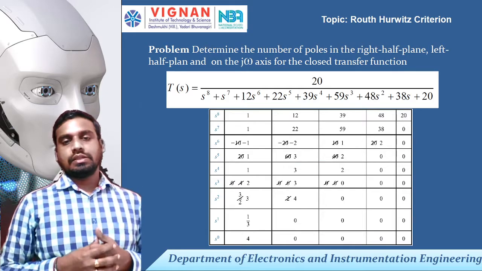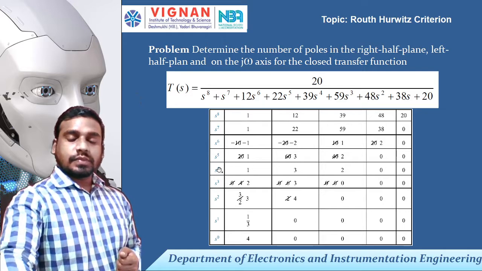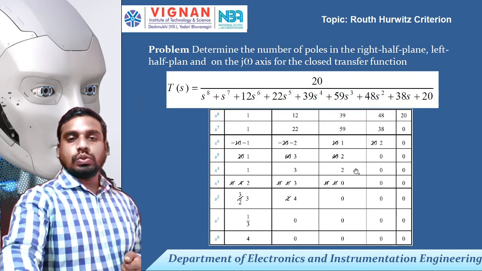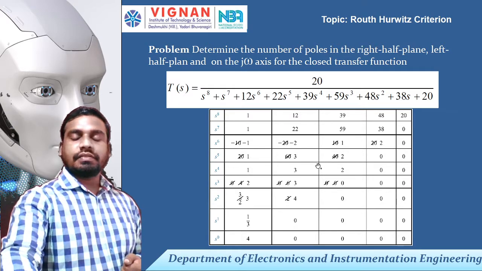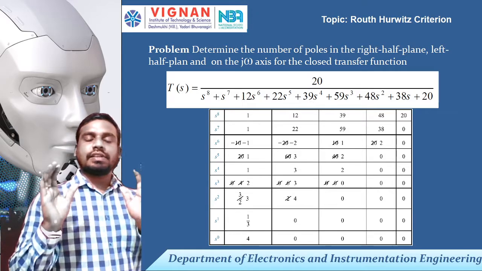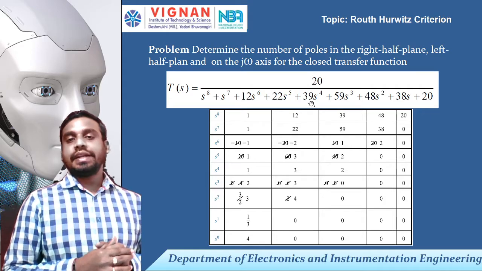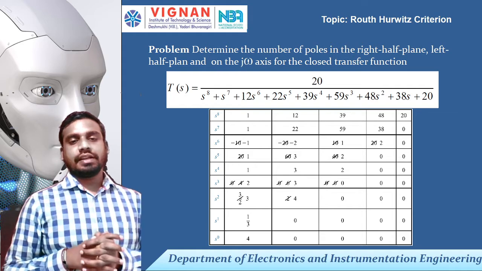How to estimate that? Once you get this equation, s power 4 plus 3s square plus 2, you have to divide the actual characteristic equation by this auxiliary equation. Then find the quotient, whatever solution you get after dividing it.